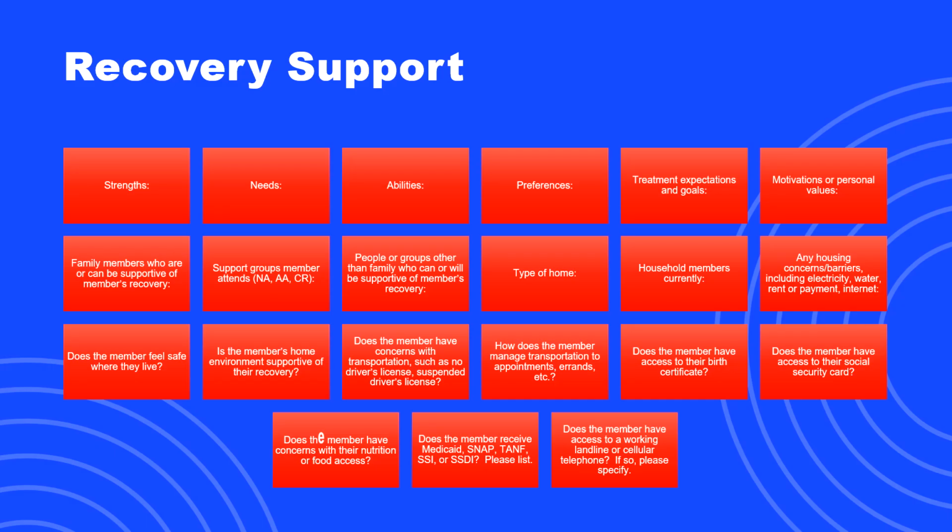It also talks about family members who are or can be supportive of their recovery. They may be at the beginning stage of their recovery and their treatment process. If so, they may not know who their supports are yet. So let's get some names.